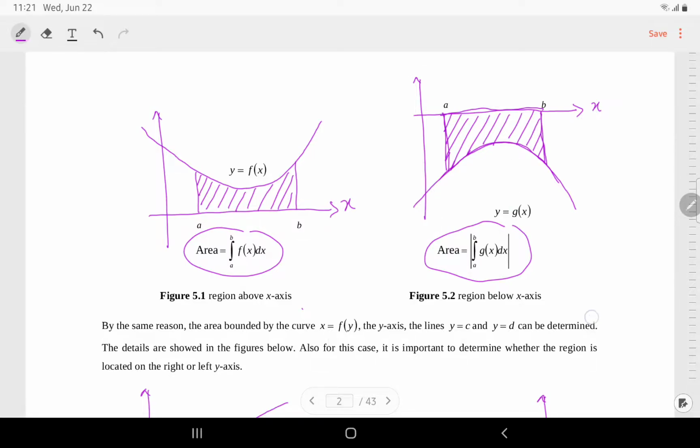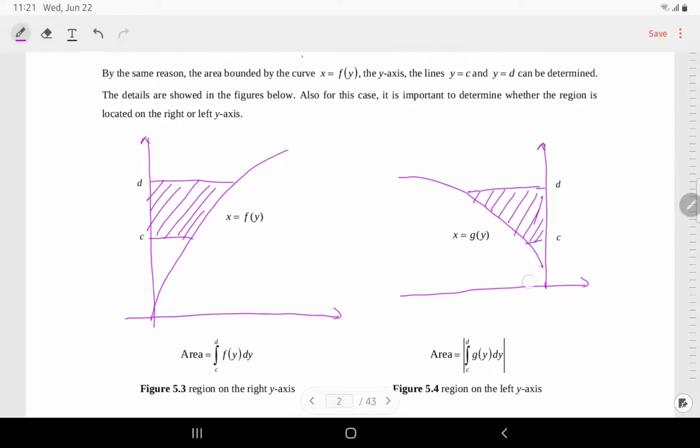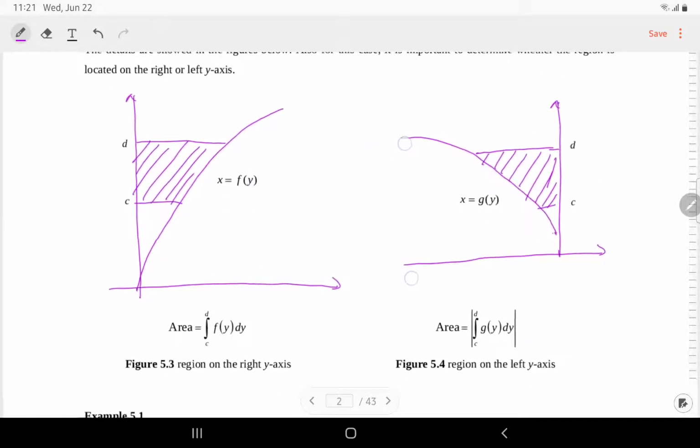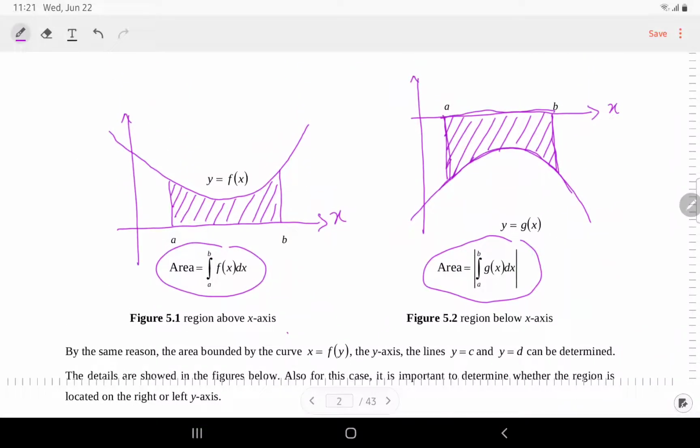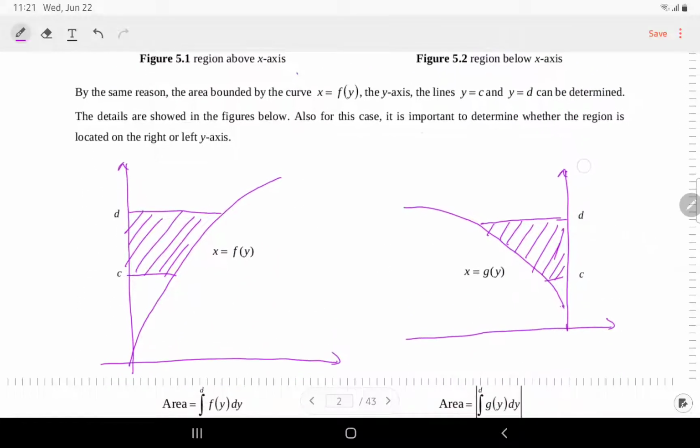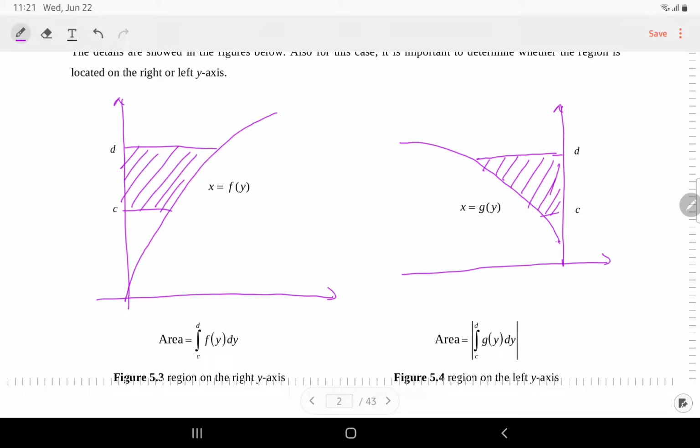For the third case, in figure 5.3: previously the shaded region was located above and below the x-axis. This time, in figures 5.3 and 5.4, the shaded region is located on the right and on the left of the y-axis.